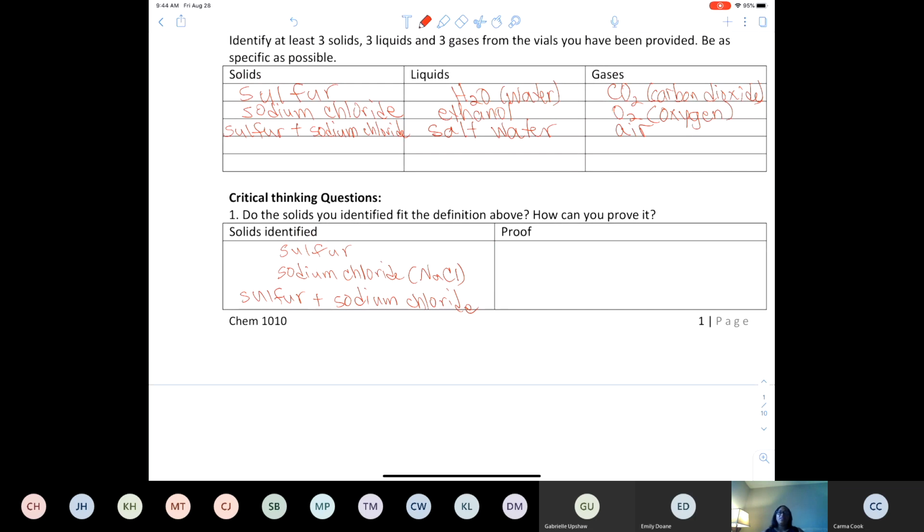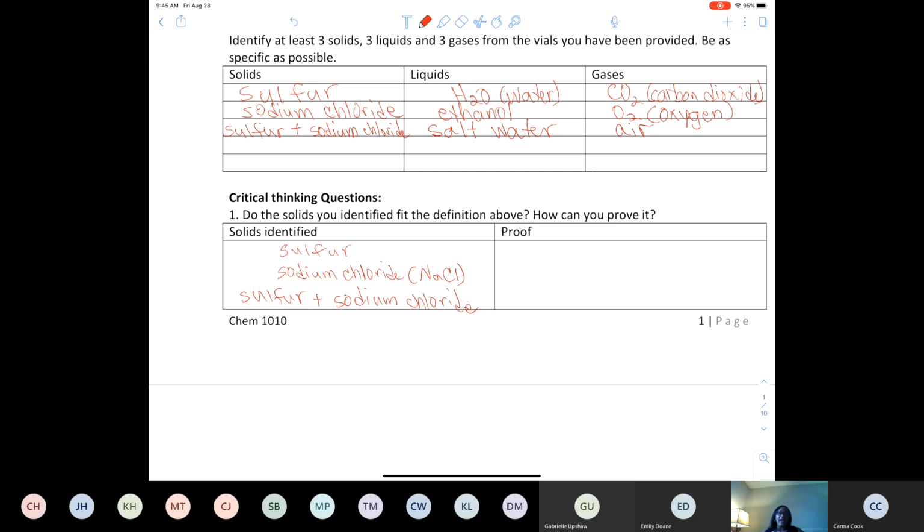And so if you've finished completing your data table for data set 1, you should have also discussed the critical thinking questions numbers 1 through 3 with your group. For example, for the solids that I identified, and you may have identified 3 different ones, or maybe 1 or 2 of the same ones that I identified, that's fine.